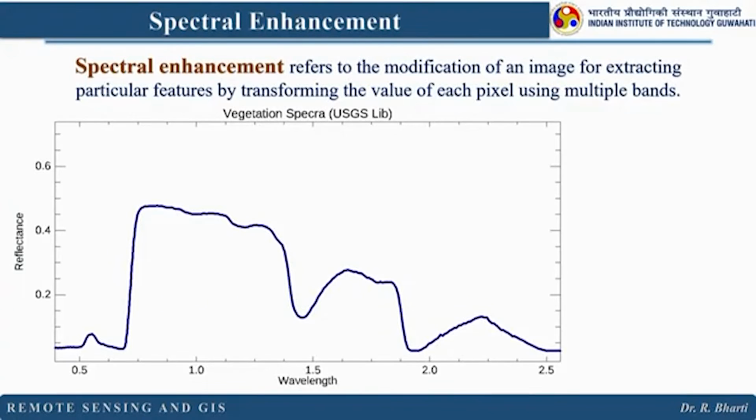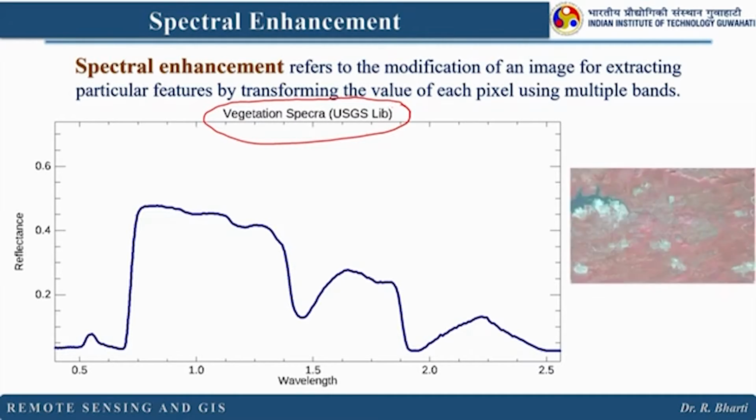So I hope you remember this curve, right? This is a standard curve for vegetation, and this spectra I have taken from the USGS library. If you remember, you can display any given data provided it has blue, green, red bands available, into a standard false color composite. And in a standard false color composite, all the red colors and dark red colors basically represent vegetation.